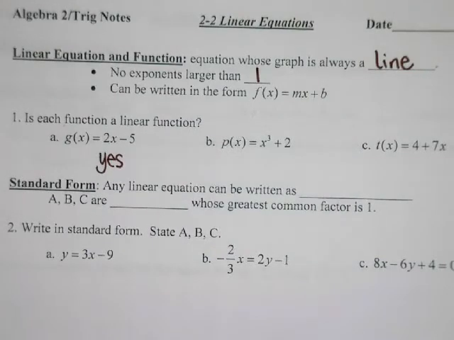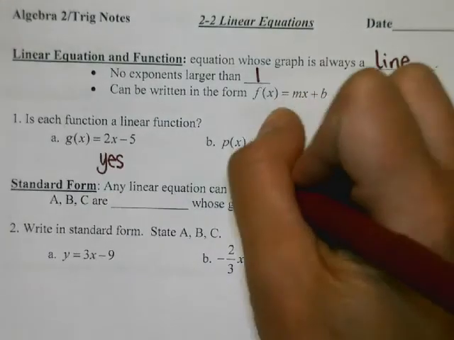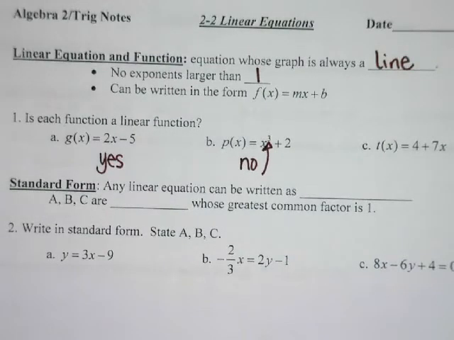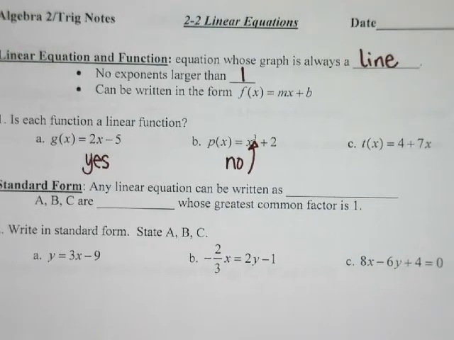How about letter B? P of x, there's a different letter and that's okay, it's just fancy y. P of x equals x cubed plus 2. No, we have an exponent bigger than 1, so this guy is no, because of that guy right there. How about letter C?